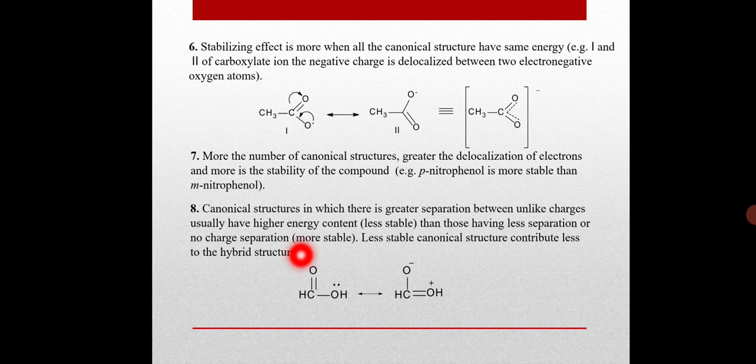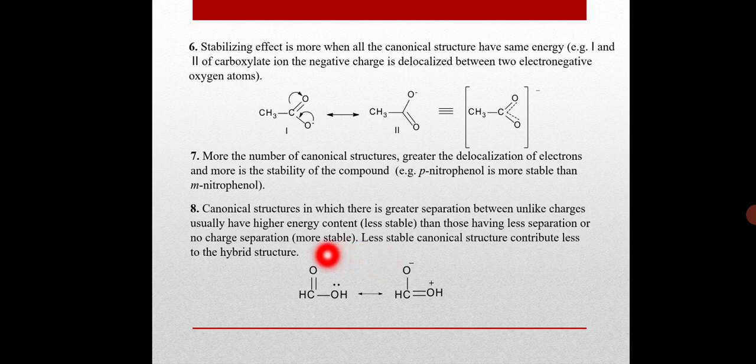So here is an example of formic acid. In formic acid, the lone pair of electrons on the oxygen is in conjugation with the pi electrons of the carbonyl group, and so it can undergo resonance, and this is the resonance hybrid structure of formic acid.